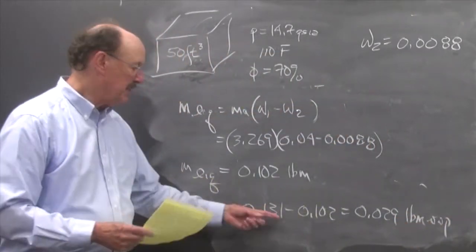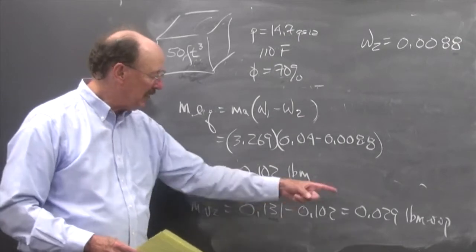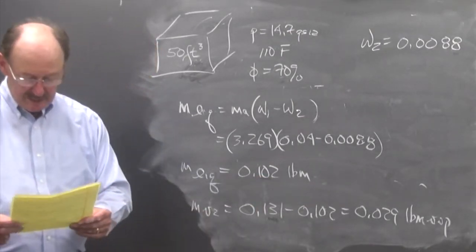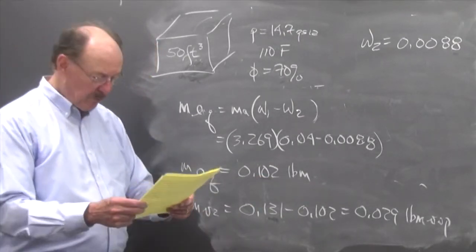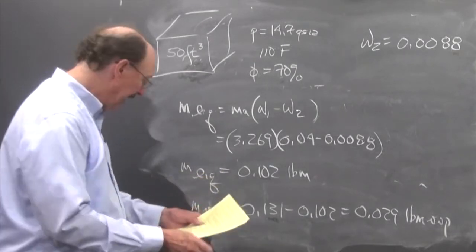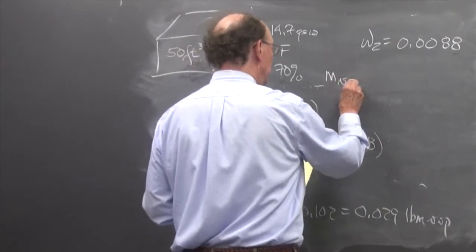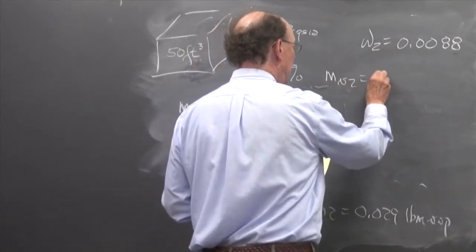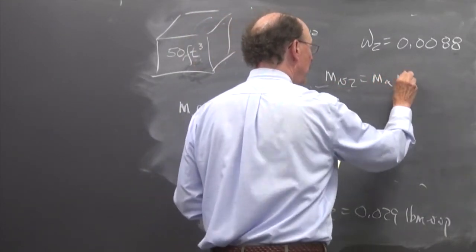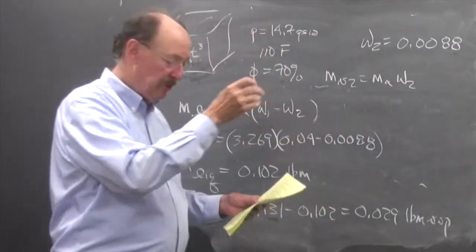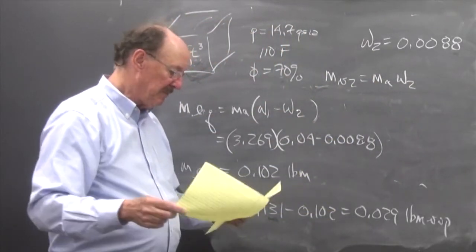We started out with this amount of vapor, we condensed this amount, and we're left with that amount. And that's basically what we have. I could also do MV2 equal to Ma times omega 2. Either way, you'll get the same result.